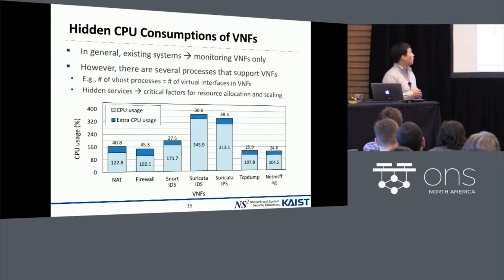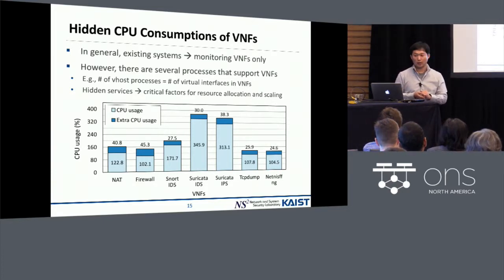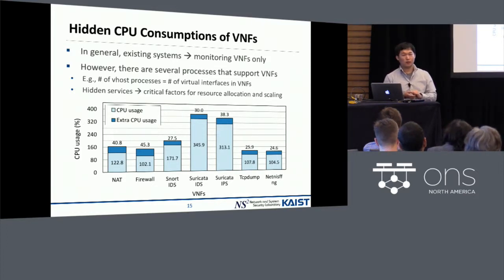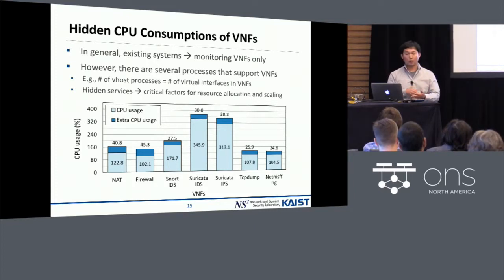First, in terms of a single VNF, most monitoring systems focus on VNFs only. However, with our careful analysis, we realize that there are some other processes, such as vhost, that support VNFs outside of them. So as you can see, there are extra CPU usages for VNFs.